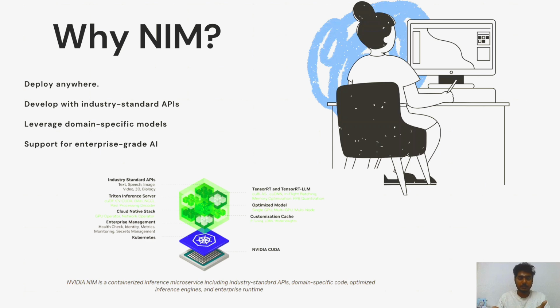If our system is compatible, we can deploy it directly anywhere. That's one of the biggest advantages. Another is that the APIs they have built follow industry standards, which is a great advantage.